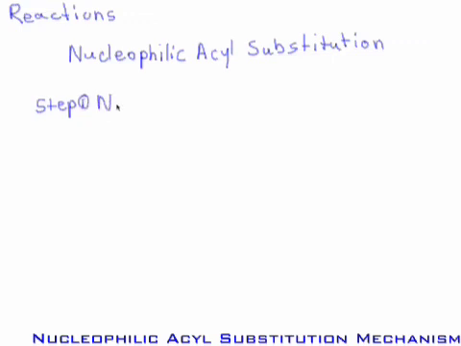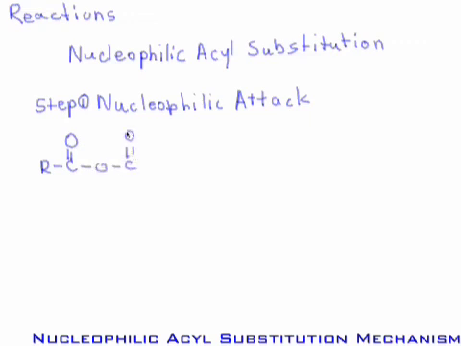Step one, of course, was nucleophilic attack. So, if we have some anhydride, remember last time right here would have been a chloride, but instead we have the anhydride. So there's a carboxylate attached to the acyl group.